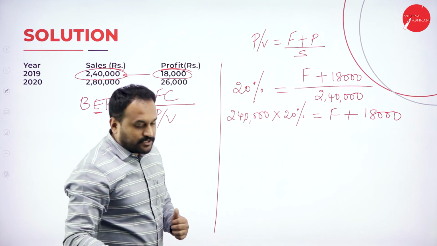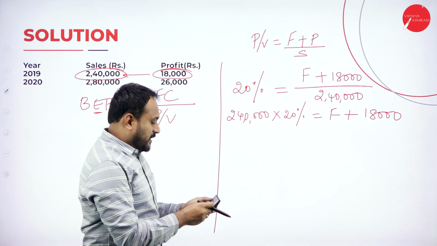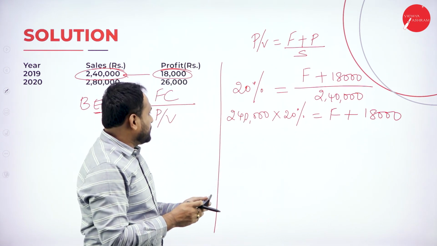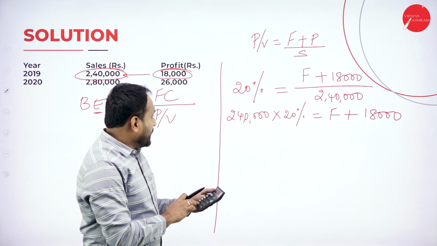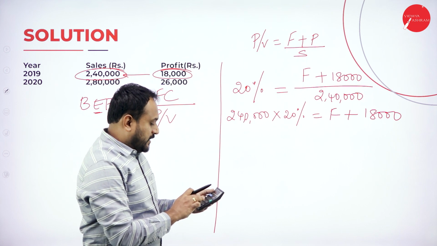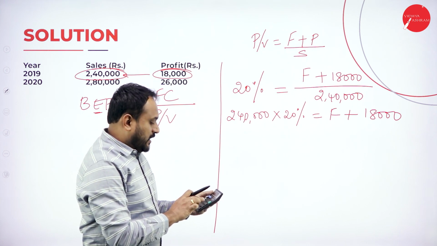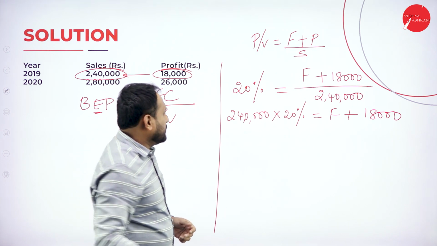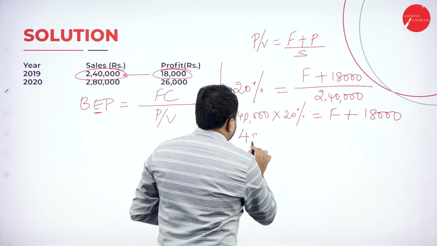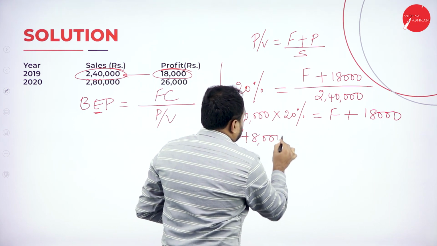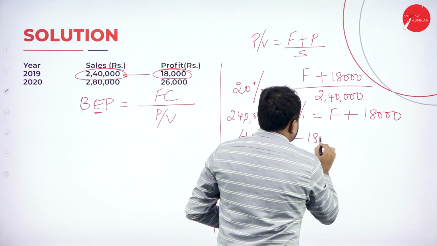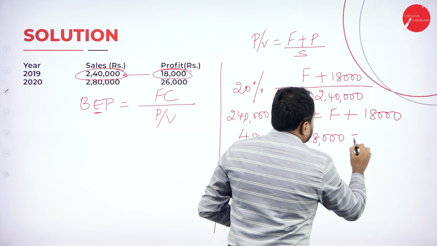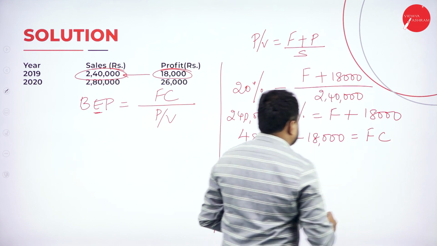Now here 2,40,000 into 2, that is 24 into 2, which is 48,000. So we get 48,000. Now this will come here, minus 18,000, is equal to fixed cost.